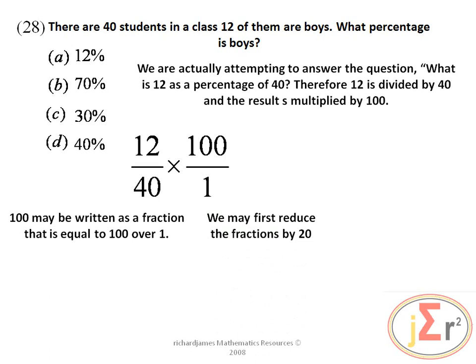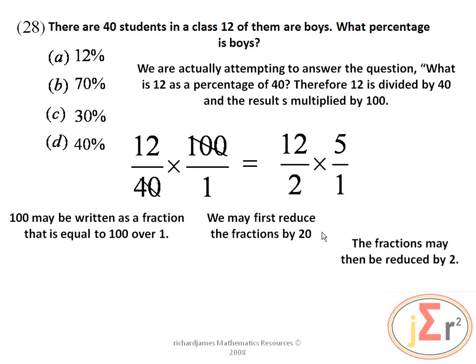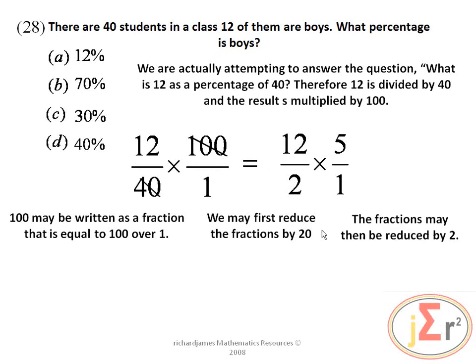We may first reduce the fractions by 20. 20 into 40 is 2 and 20 into 100 is 5. Of course, the fractions may then be reduced by 2. 2 into 2 is 1 and 2 into 12 is 6.